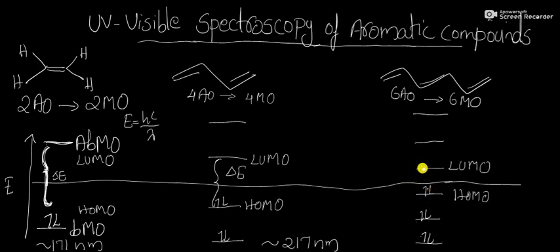Here the energy difference between HOMO and LUMO is smaller than the previous molecule, buta-1,3-diene, which means the wavelength will be higher than that of buta-1,3-diene.